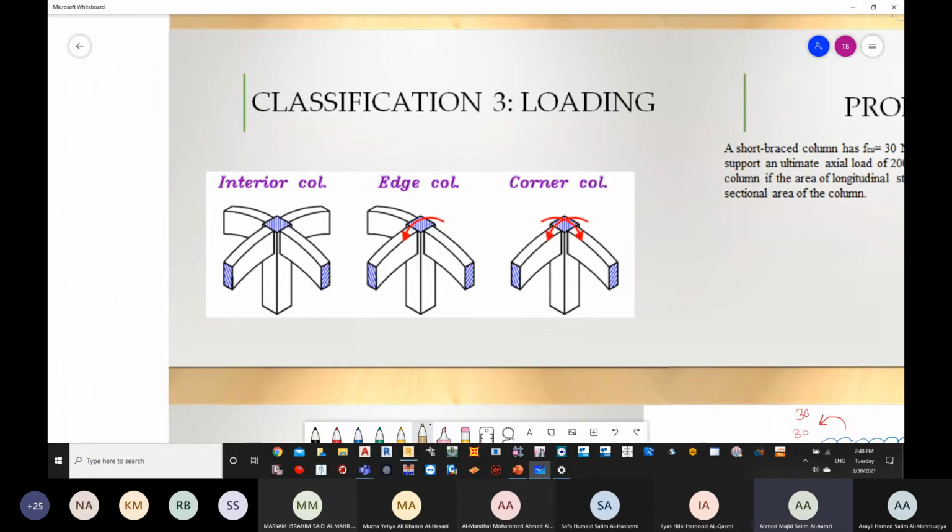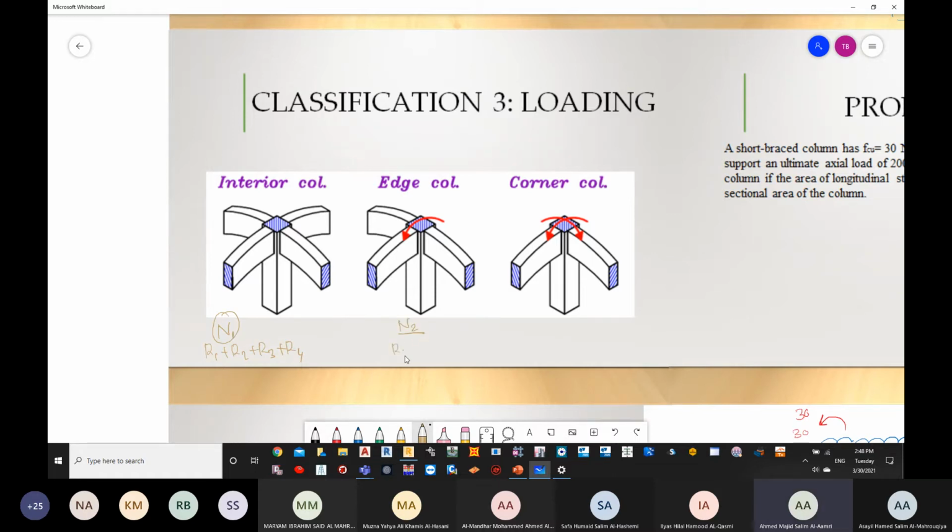Now you can see that this particular column is taking 4 beams. So first thing, I will say that in terms of N, or whatever is my loading, this will carry reaction number 1 plus reaction number 2 plus reaction number 3 plus reaction number 4. What about this N2?